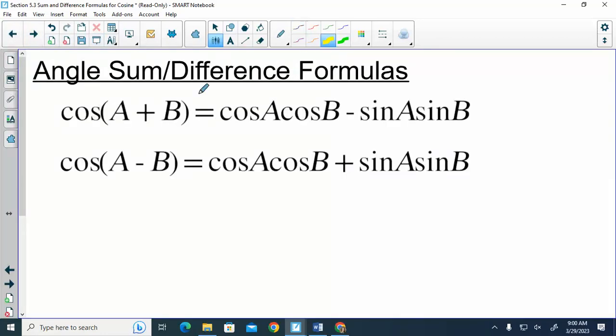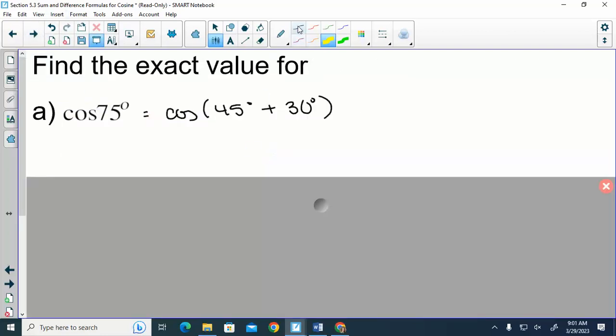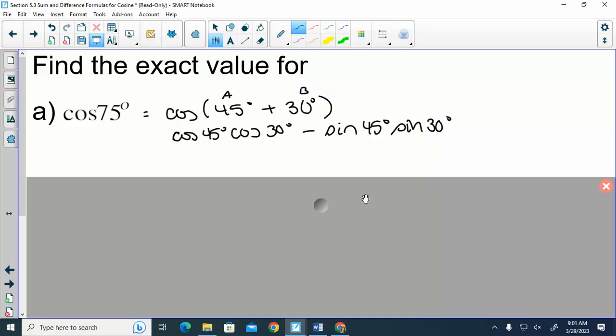So you go to your formulas, that's the cosine of A plus B. So the formula says you do cosine of the first, cosine of the second, minus sine of the first, sine of the second. And we're just using that formula. The A is 45 degrees and the B is 30 degrees. So now we plug in our values.